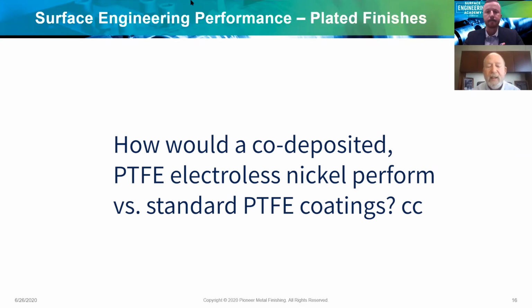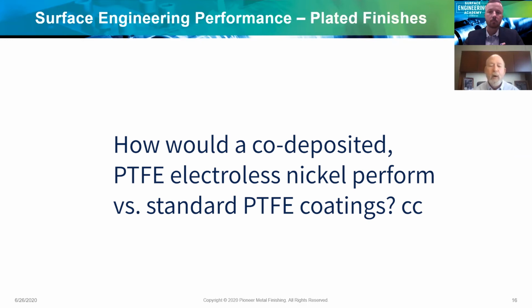Well, the advantage of the Electroless Nickel with the co-deposited PTFE is that it's going to be much harder, with much better wear resistance. Most PTFE coatings are applied with a spray process, so the uniformity is going to be just like if you're spray painting something. It's going to be very difficult to get a uniform coating.